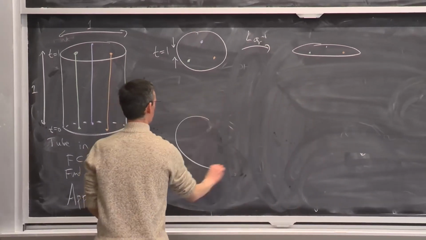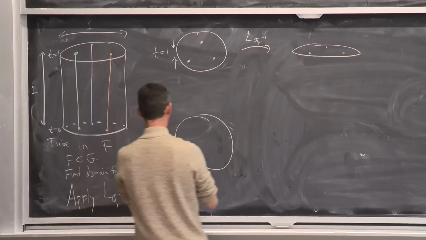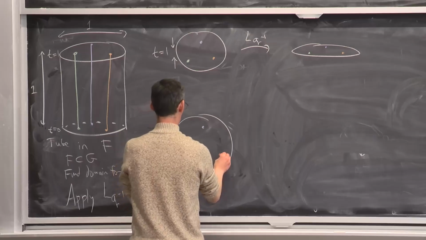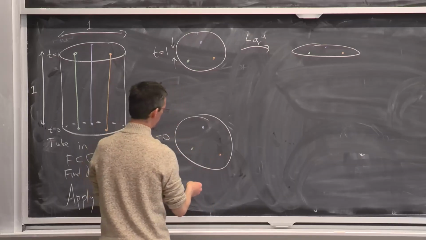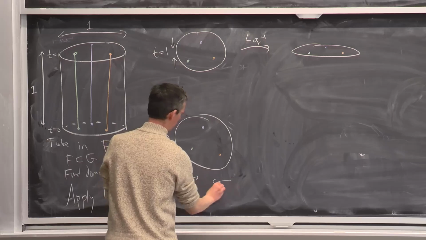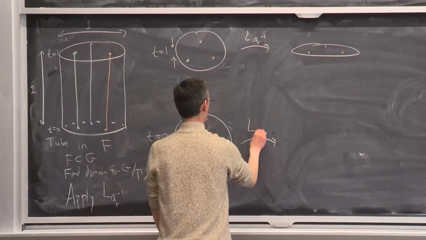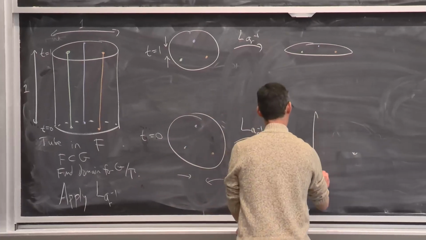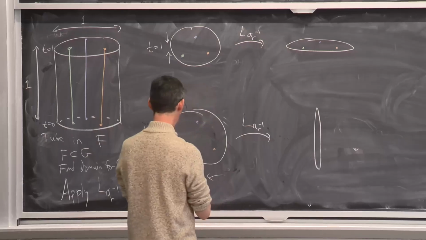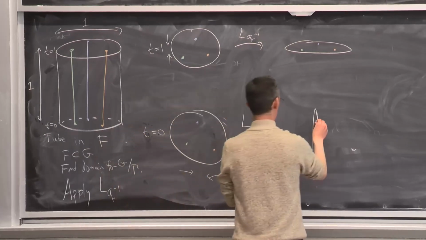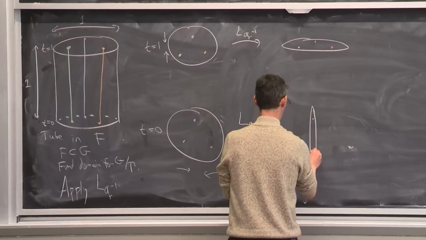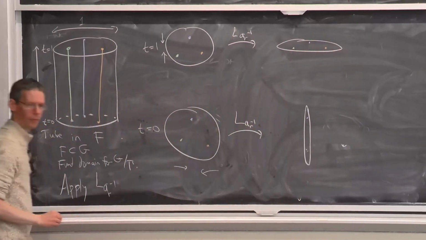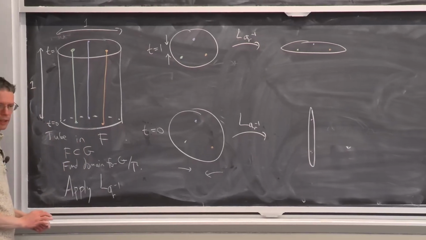And also at t equals 0, we have the same disk with the same triangle in it. But there's a compression direction which is different. So maybe down here it's this direction. So when we apply a sub r inverse, then we will get a pancake and get squished this way. And that will affect these points differently. After squishing, the green point and the orange point will be quite close together. All right, so that's the picture that we ended with last time.